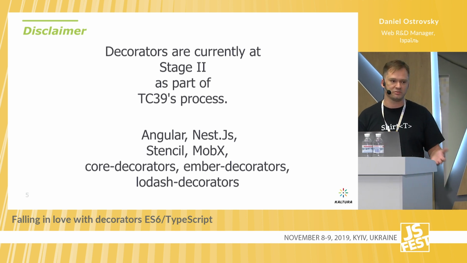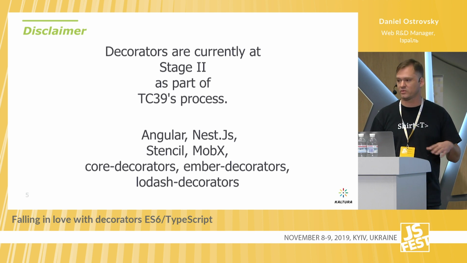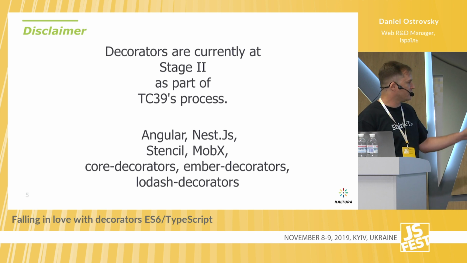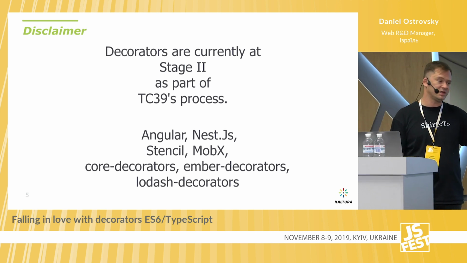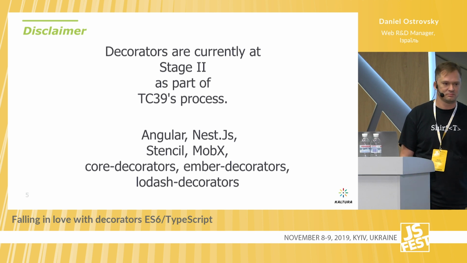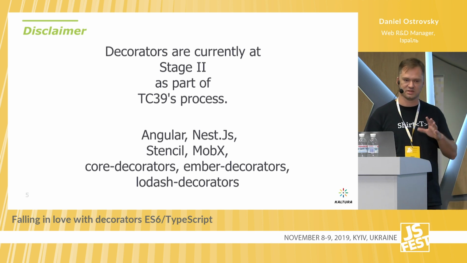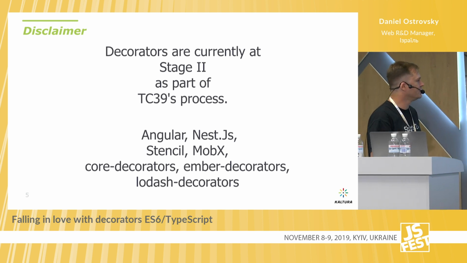It's not part of the language. It's currently in the TC39 process. Who is familiar with TC39? Wonderful, great. We will talk about it later. It's at stage 2, which means hopefully in 10 years it will be accepted to stage 3, and then browsers will support it. Currently, stage 2 means that Babel knows how to transpile it. This is a very simplified description of the different stages.